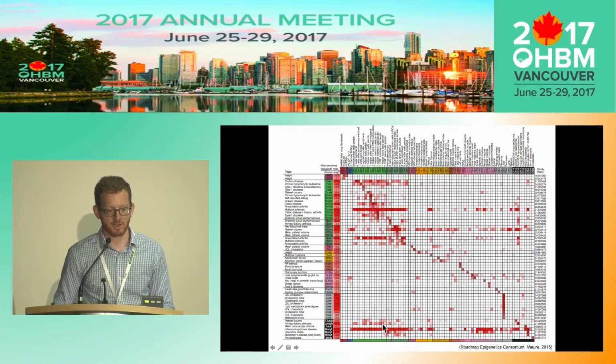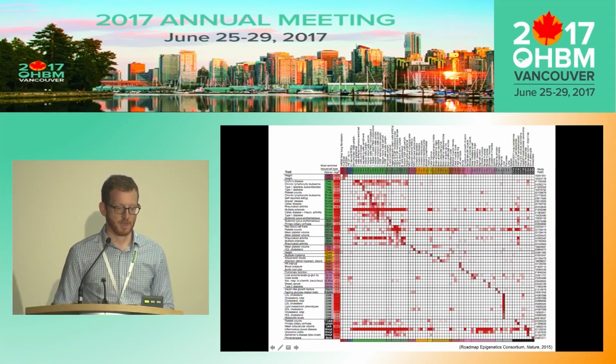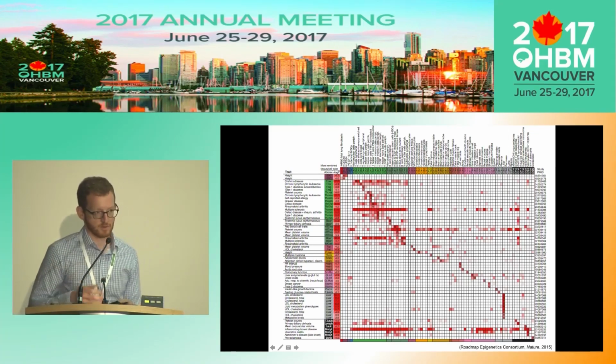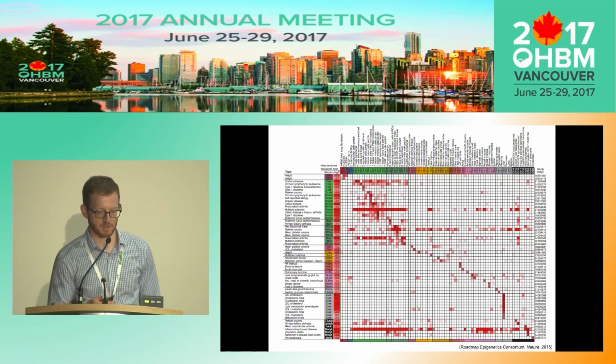An interesting one is that irritable bowel disease, down here, seems to also be enriched in immune cell types, which is interesting. And all of these are cholesterol traits, like LDL cholesterol levels and HDL cholesterol levels, and they seem to be enriched in liver DNase hypersensitivity sites. For brain, this can also give you some ideas and has been applied in, for example, schizophrenia to give you ideas of the region of action.